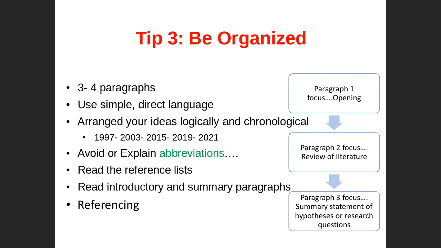For example, until 2020, another research documented or reported this. However, there is still a gap in the knowledge because researchers still don't know the mechanism of, say, factor 5 function. Avoid abbreviations, or at least explain them.